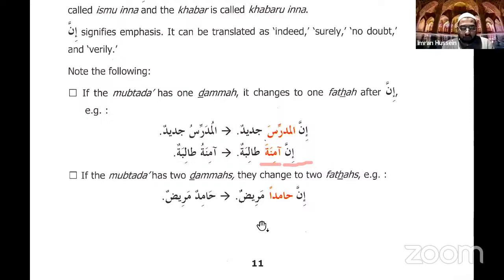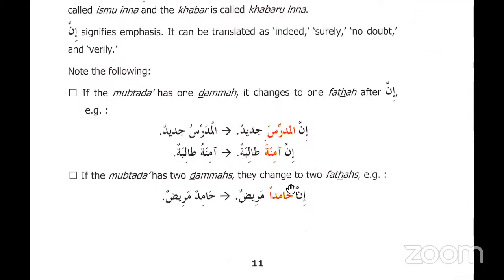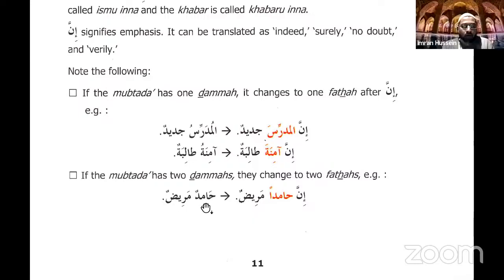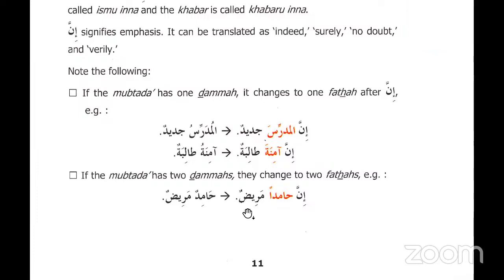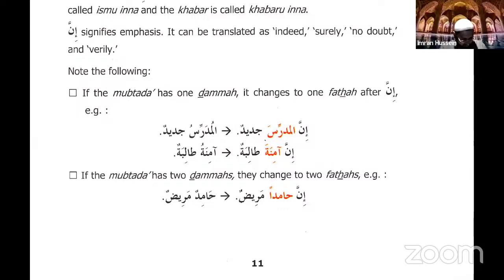If the mubtada has two dhammas, they change to two fathas. For example, Hamidun marizun would be inna Hamidan marizun. The two dhammas are changed into two fathas.